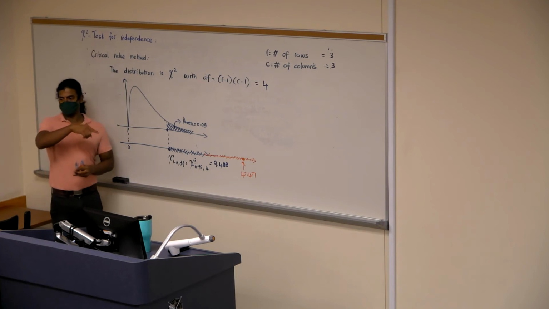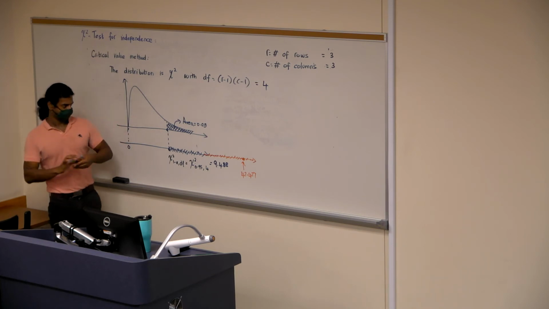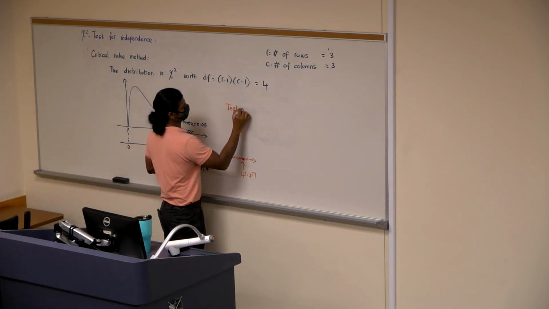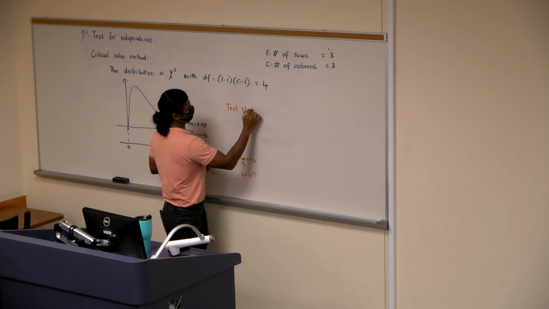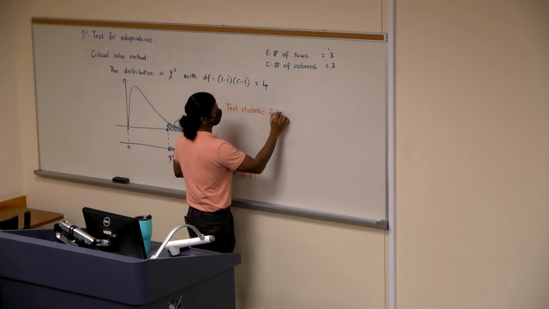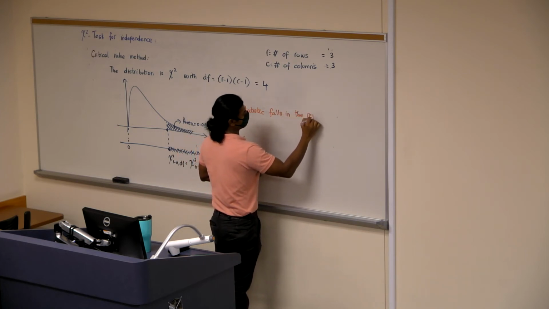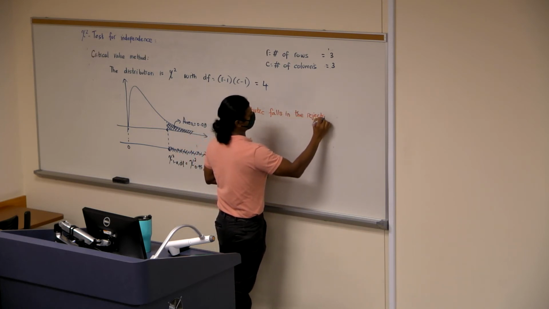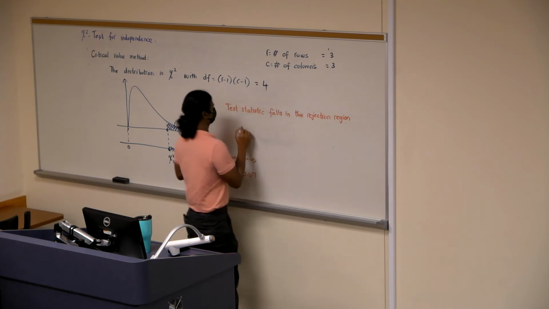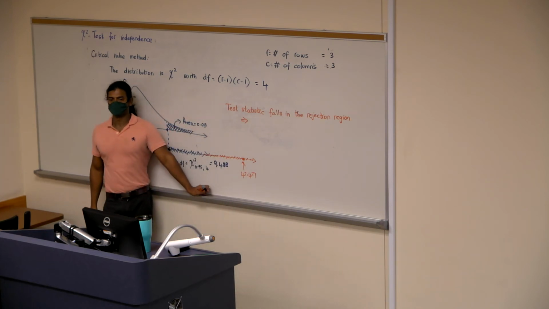Did the test statistic fall in the rejection region? Yes. Should we reject the null?